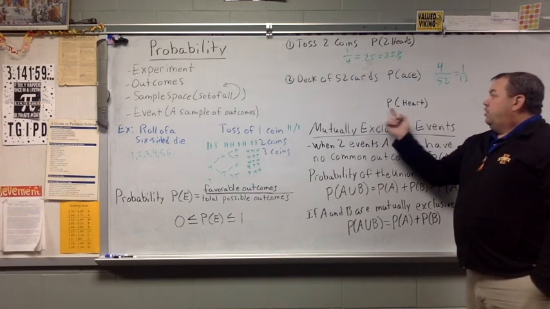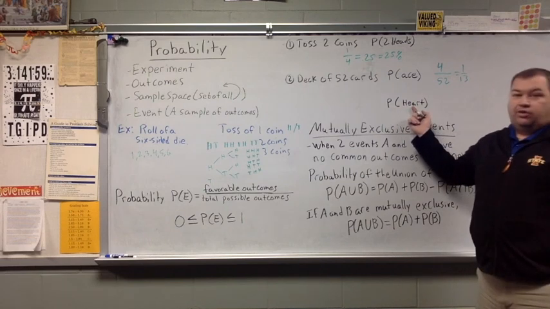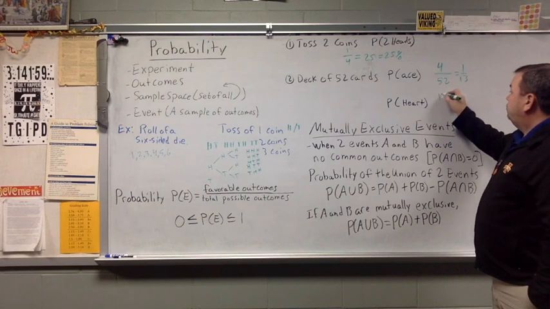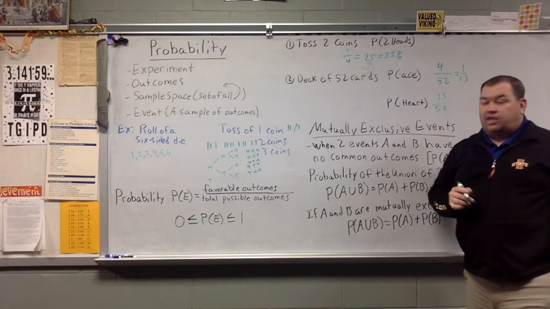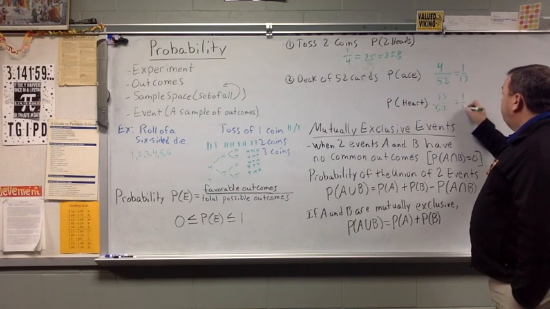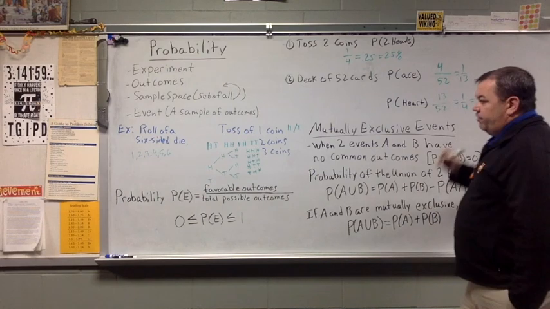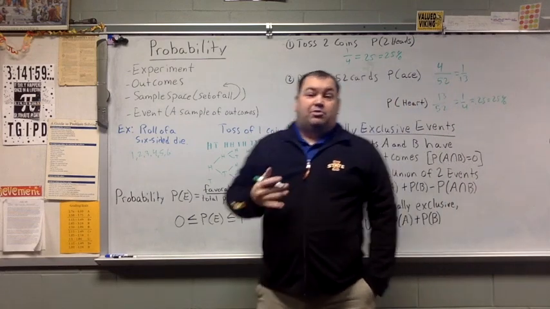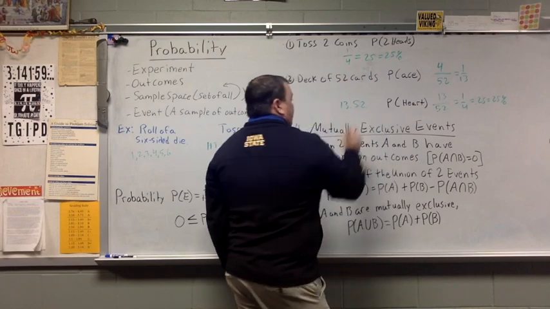If we talk about drawing a heart, there are 13 hearts in a deck of 52, so that's what I want to happen. There are 52 cards altogether, which reduces to 1/4. Again, 0.25 or 25% or whatever makes sense to you. Sometimes you'll even see these probabilities written as a comparison.